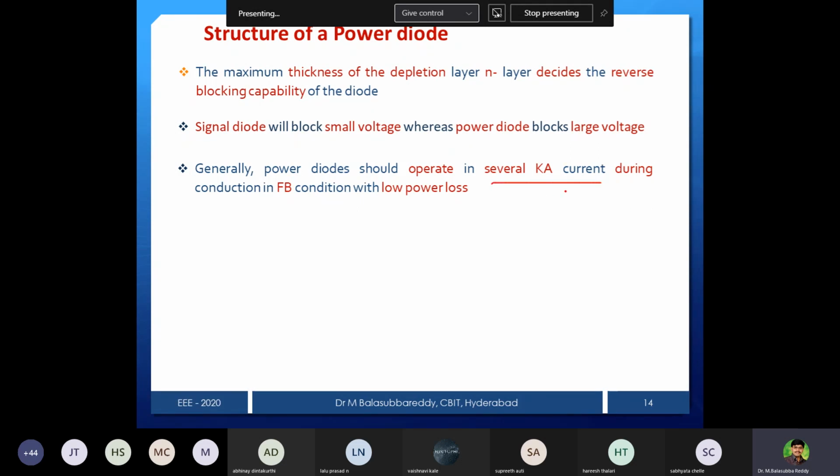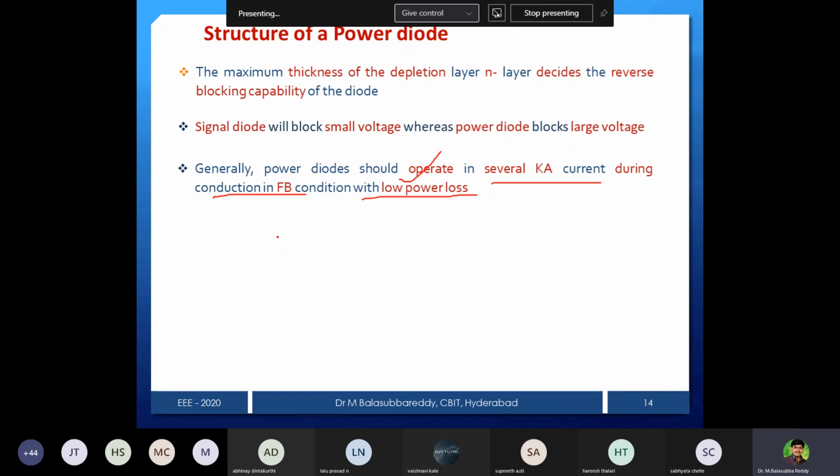This will carry 7 kiloamperes of current during forward bias conduction with low power losses. Here, the phrase low power loss means that even though you are capable of carrying that much current, while you are operating the device, it can take care of the conduction. So we can say the current rating in forward bias and the power loss.